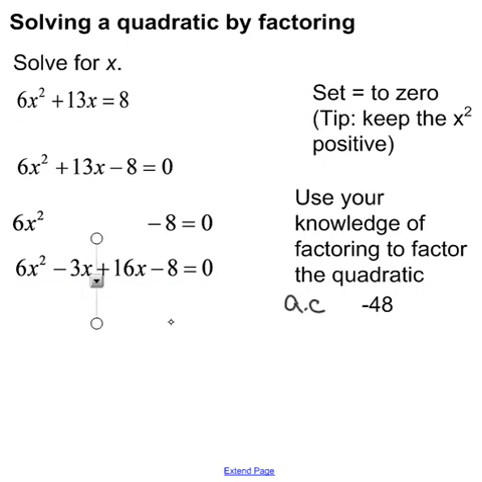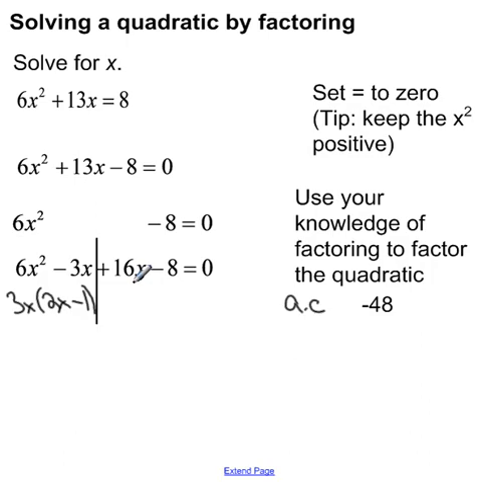So you break it down the middle, factor out the GCF on the left side here, and the GCF here is 3x. So we're going to have 3x times 2x minus 1, right?